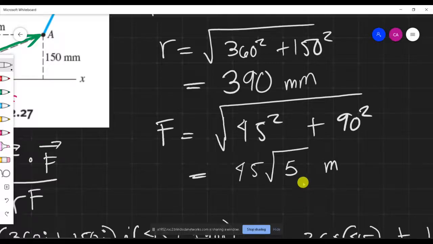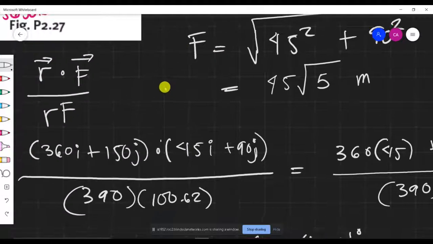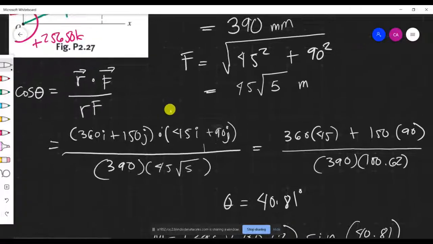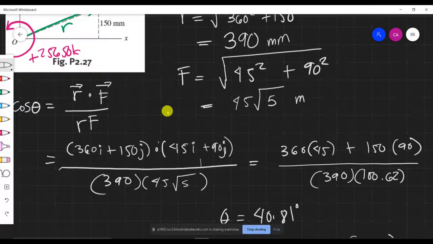Okay, saktong 390. Pag isinubstitute natin dito, so magiging ito ay 45 square root of 5. Okay? So, inayos lang natin, no, para kahit paano magkakadikit sila ng sagot. So, magiging solution is 360 times 45 plus 150 times 90 over 390 times 45 square root of 5.